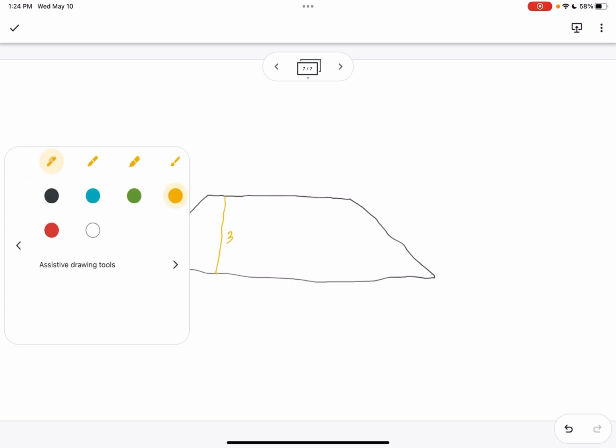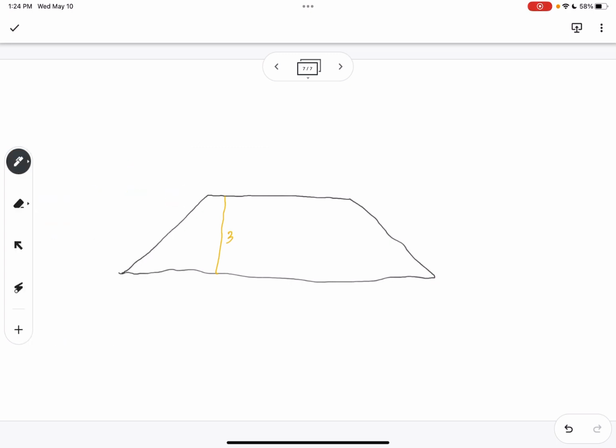And then this side is 5. This top part is 7. And this bottom part is 12, okay? Actually, let's do 13. Make it easier, okay? 13, okay? So we need to find out what the area is, okay?